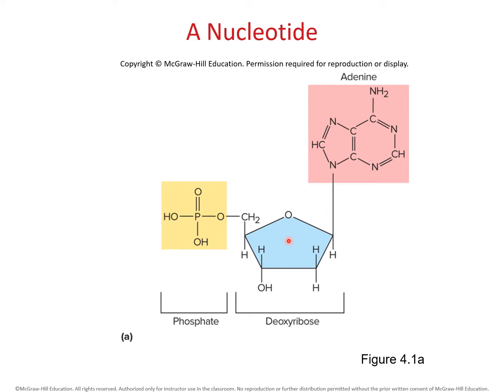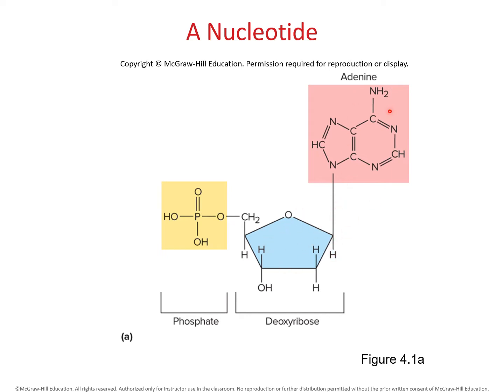I'm not going to ask that you know the chemical structure. You don't have to memorize it exactly, but you do want to know what these nucleotides are made of. We're going to have a deoxyribose, a phosphate, and up here our nitrogenous base. This particular example is showing you adenine. Remember, we have 4 different nitrogenous bases that can attach to the deoxyribose.